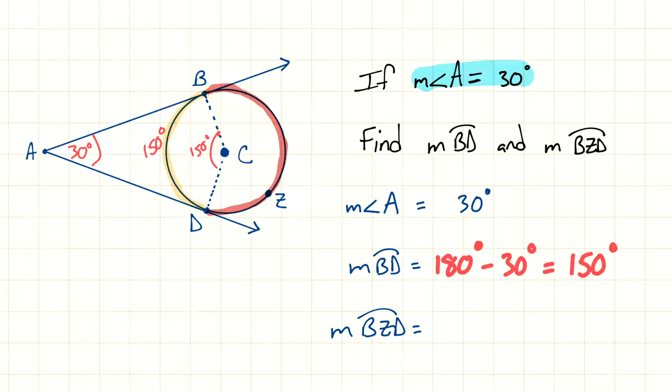Full circle is 360 degrees minus the 150 degrees, which equals, I believe, 210 degrees. All right, so hopefully we have those. We have 30 degrees, 150, and 210. Hopefully that seems easy enough.